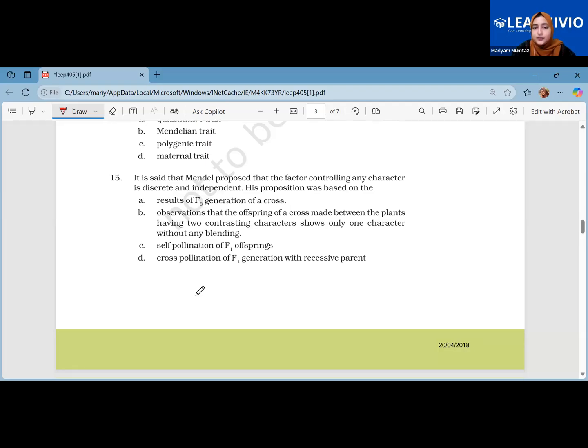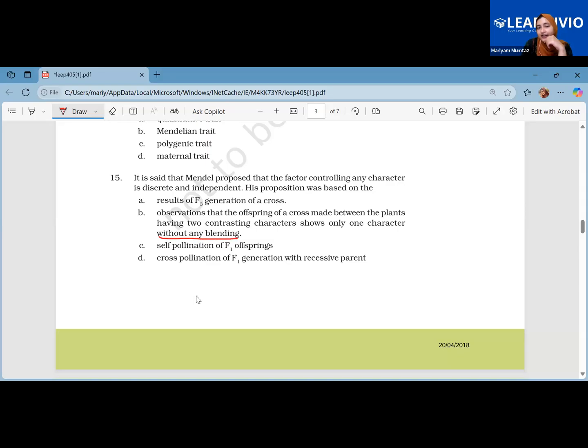It is said that Mendel proposed the factor controlling any character is discrete and independent. His proposition was based on the observation that the offspring of the cross made between plants having two contrasting characters show no blending, they are saying, right?